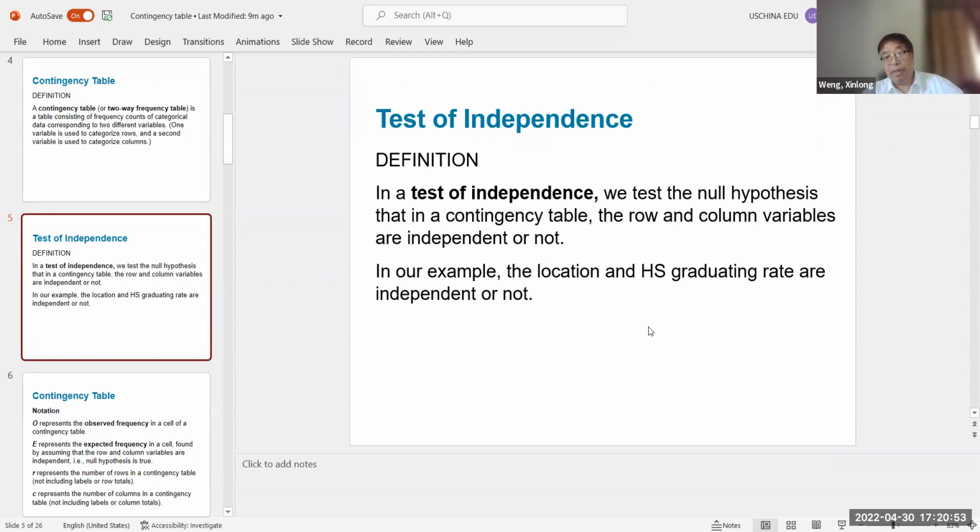Or doesn't it matter? This is a wonderful country, everybody says. So does the location where you live, say in the Northeast region or the West, matter? That is what we're going to test, right?